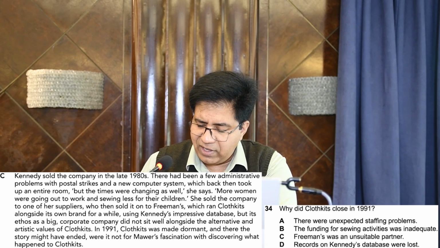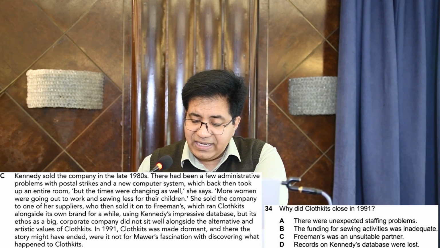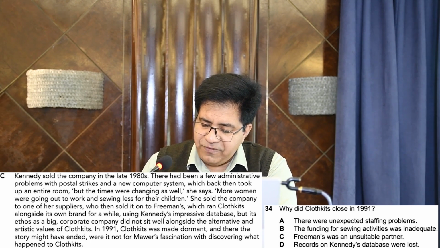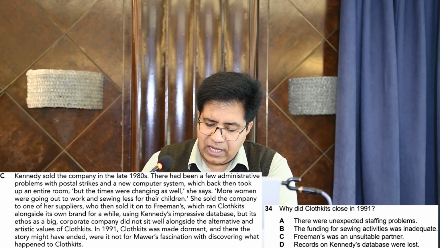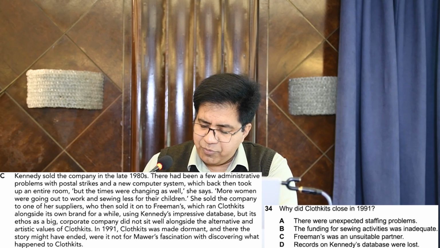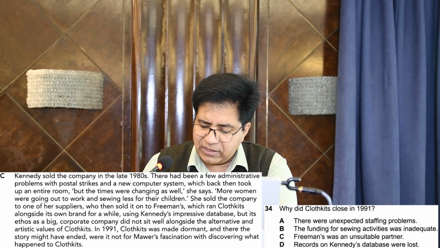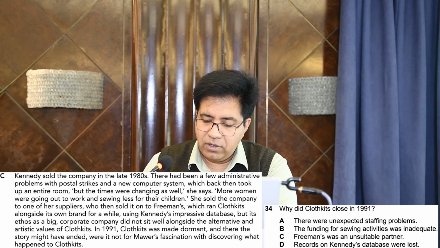So in 1991, Clothkits was made dormant, means they closed the company. Right? Now we find the reason here. Read this again. Freeman's, which ran Clothkits alongside its own brand for a while, using Kennedy's impressive database, but its ethos as a big corporate company did not sit well alongside the alternative and artistic value of Clothkits.